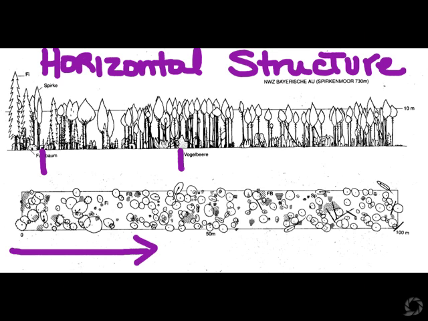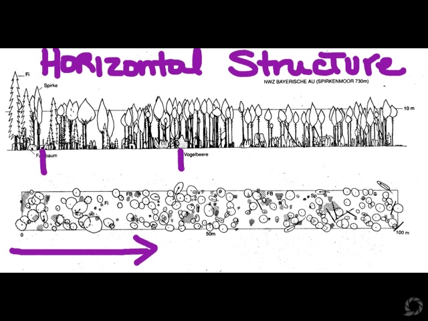We have these tall pine-like trees over on the far left, and then there's sort of a mixed group of trees where they seem to be all different sizes and shapes, and then that forest as we travel to the right starts to get pretty uniform. So that would be the horizontal structure. Where are these different trees growing in space? Where are they in relationship to one another? What do I come into contact with as I walk across the surface of the land?